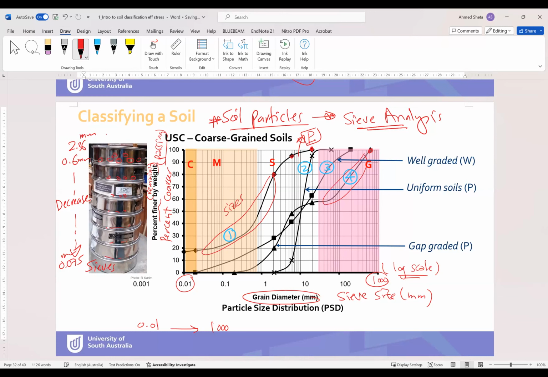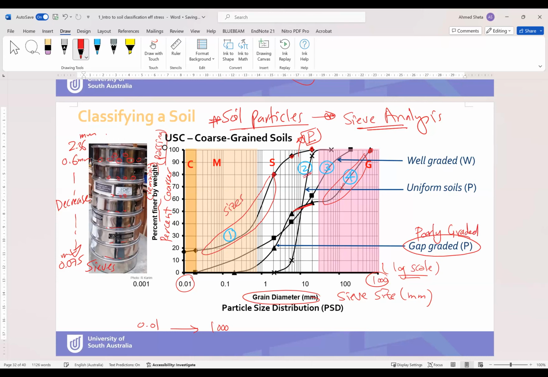Also here, it is constant or almost flat, not much change here. So we don't have a good distribution of soil. That's why number 4 also is considered as gap graded, because one of the sizes here is missing. So it can be poorly graded or gap graded.